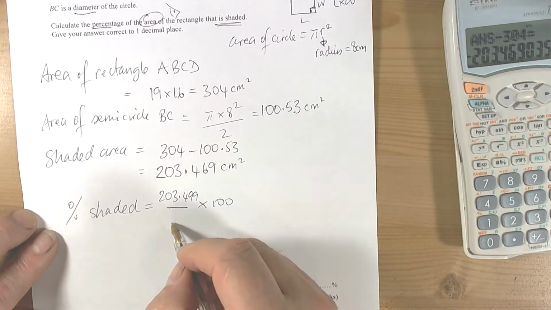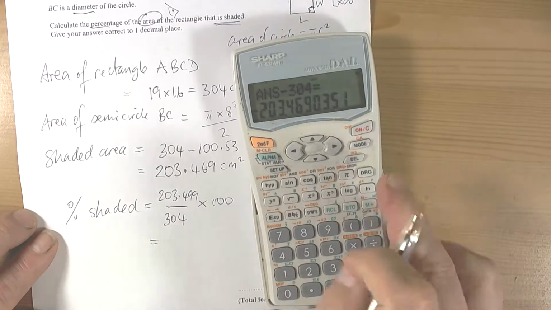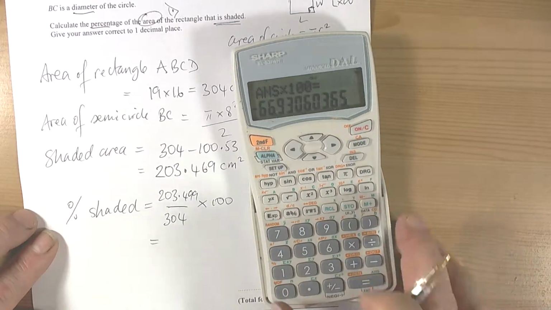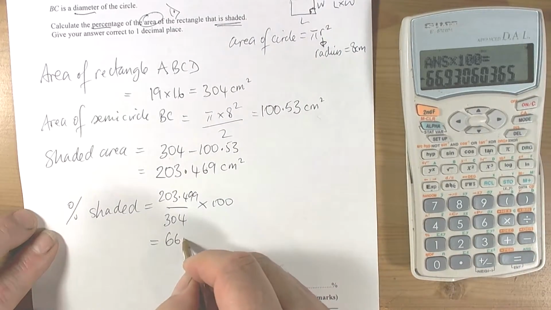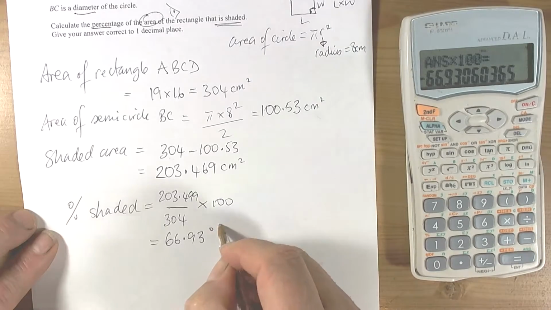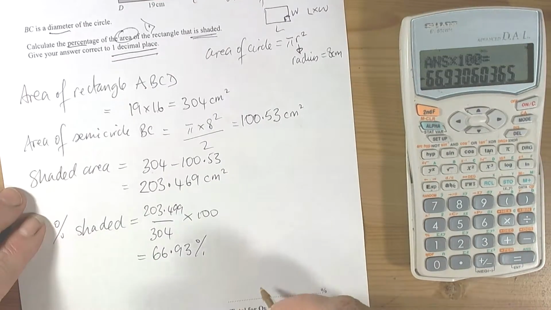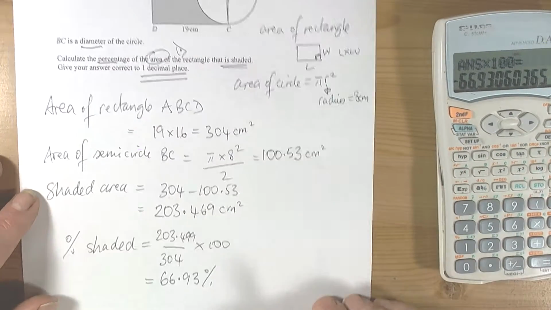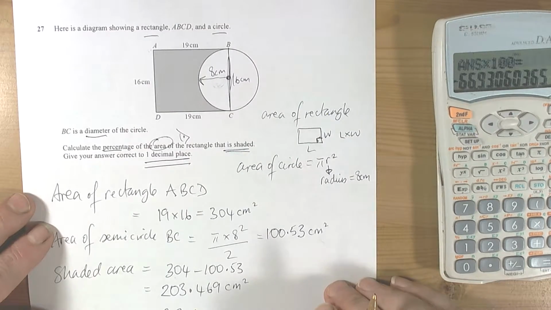The whole area of the rectangle was 304. So divide by 304, times 100, equals 66.93%. Then we realise the question wants the answer to one decimal place, so 66.9%.